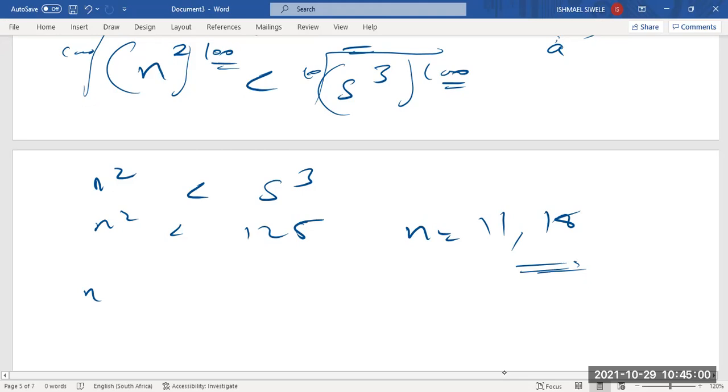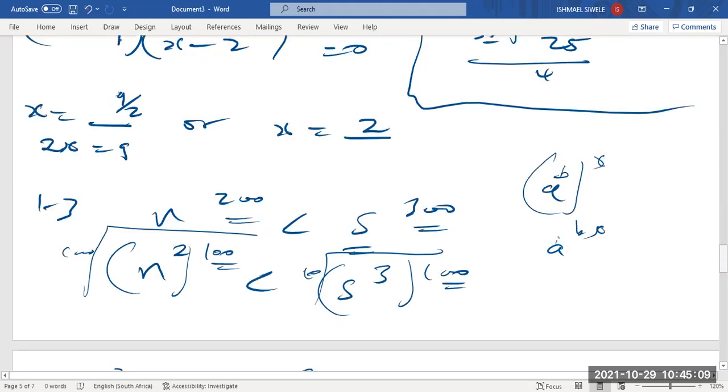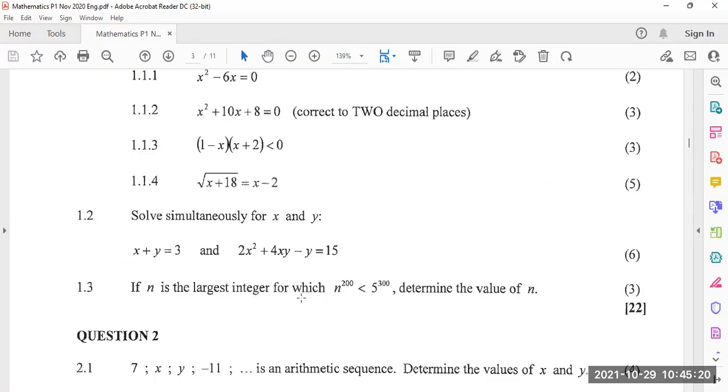That is what gives us a case where n exponent 200 is less than 5 exponent 300. How can I make this easier so that you can understand what's happening? If n is the largest integer for which n exponent 200 is less than 5 exponent 300, what does that mean?